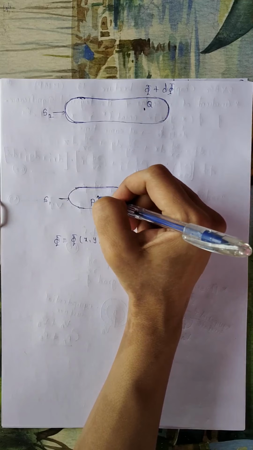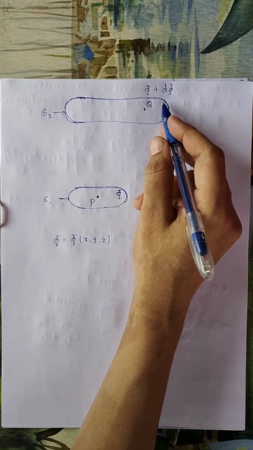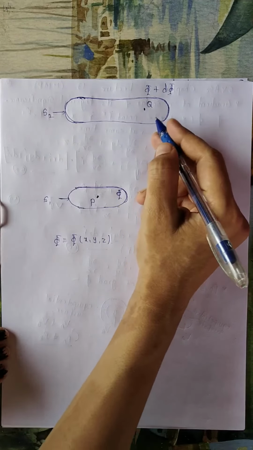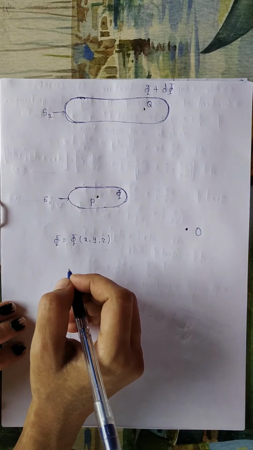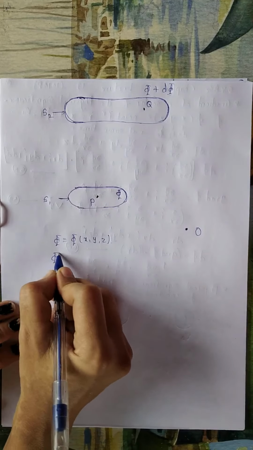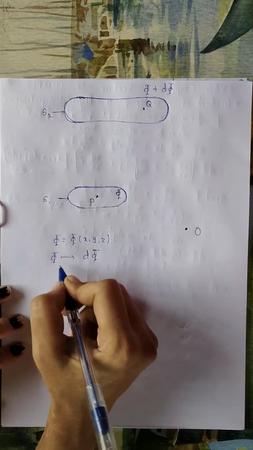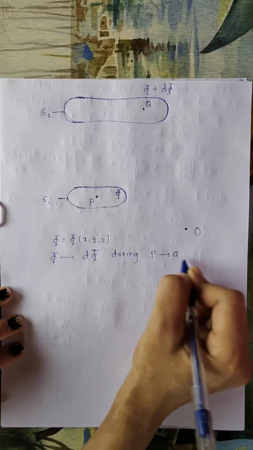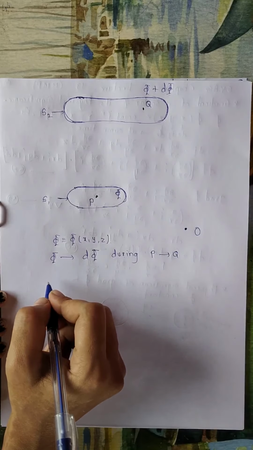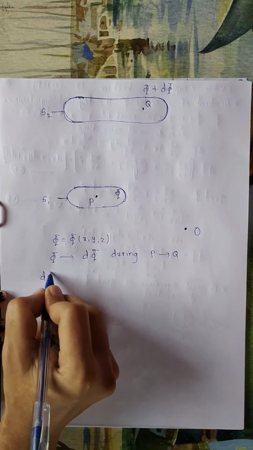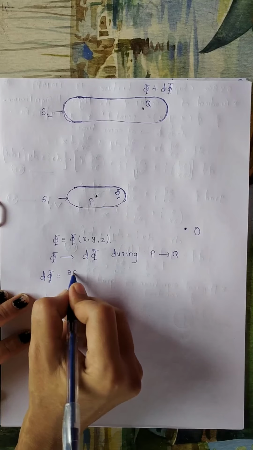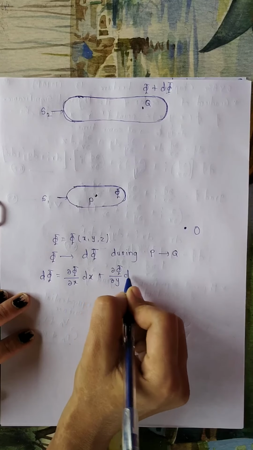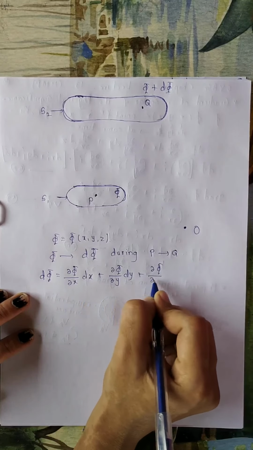So when we are going from point P to point Q, the value of function is changing by d phi, and this change of the scalar function phi is given by the total differential of phi as d phi, and we have already defined this d phi as dou phi upon dou x dx plus dou phi upon dou y dy plus dou phi upon dou z dz.